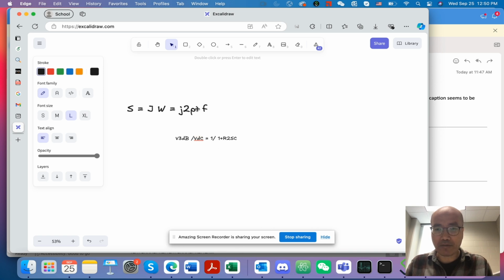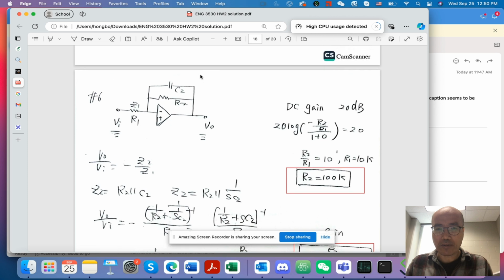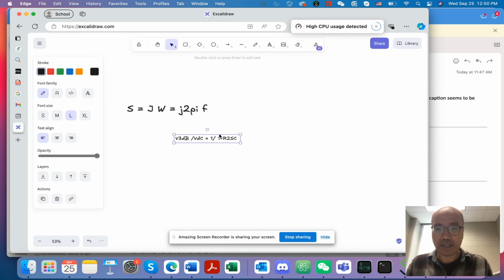Again, S is this one here, okay? R2 is just this resistor, and C2 we call C here, okay? We call it V3dB divided by VDC.